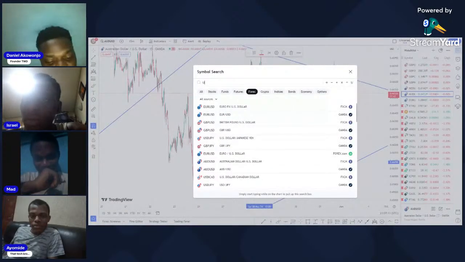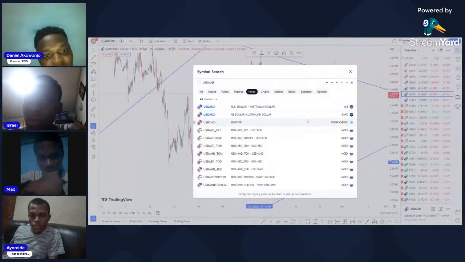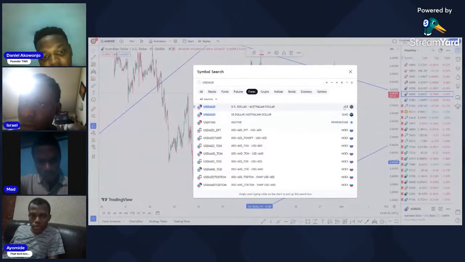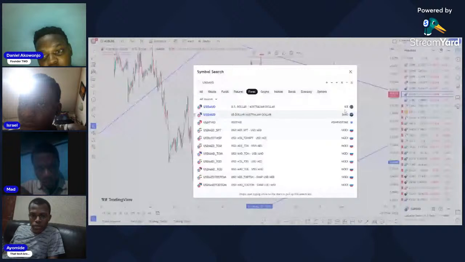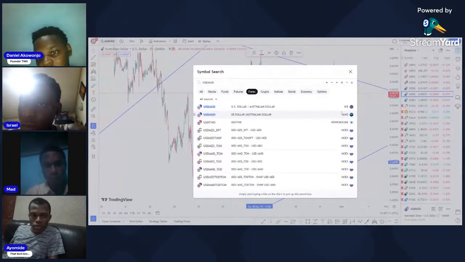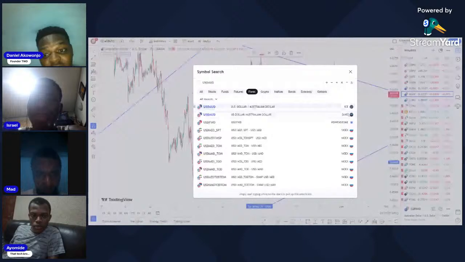Do you see that we have USD AUD? But they are not confirmed. They are currencies, but they are not supposed to be used that way.